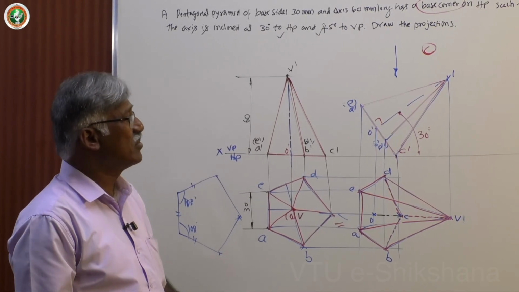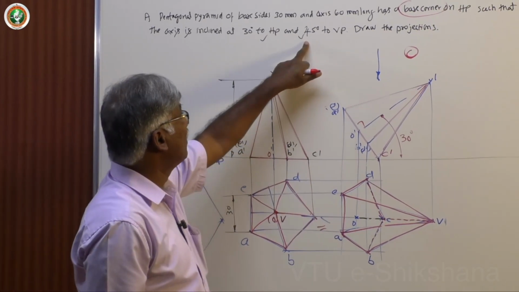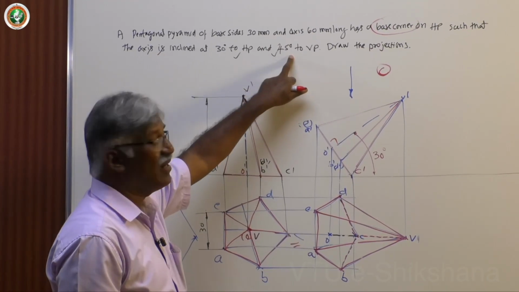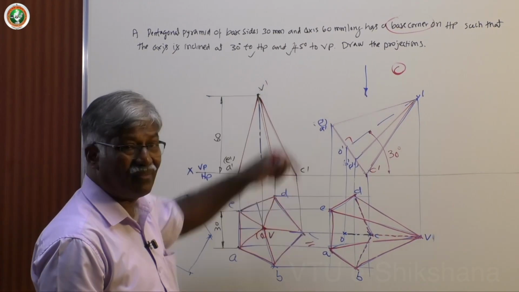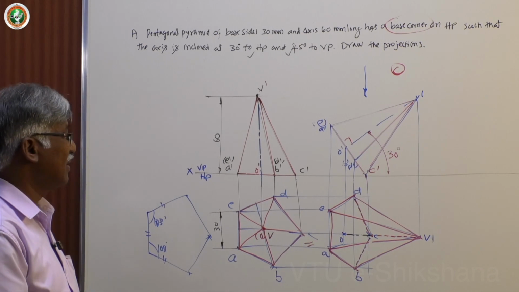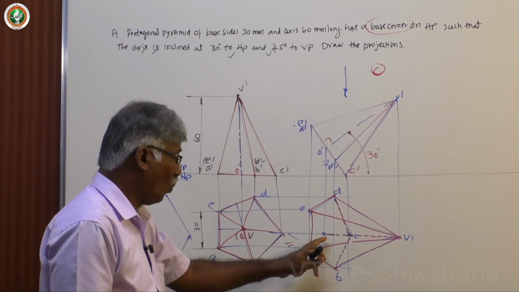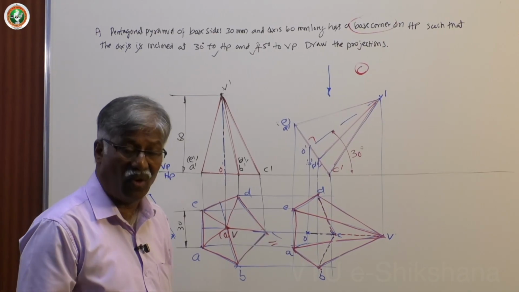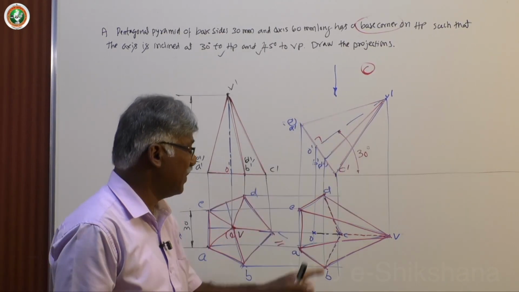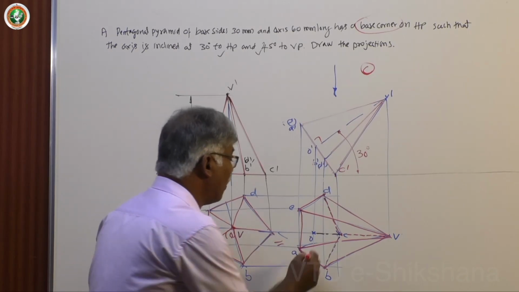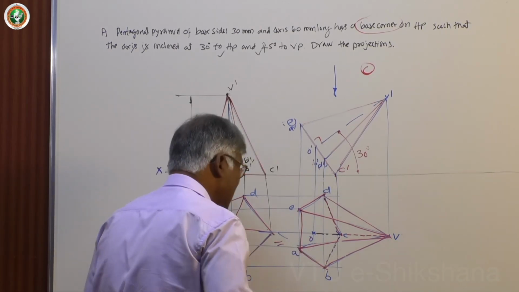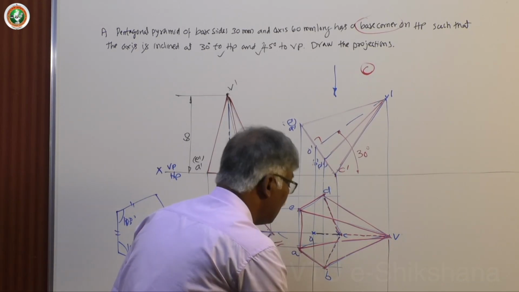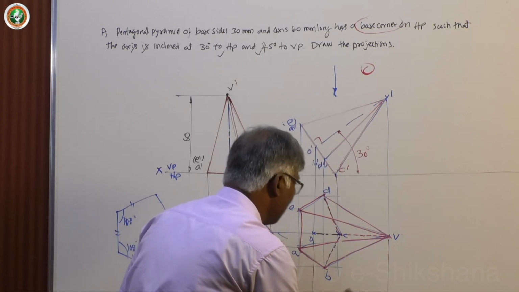Next comes the axis, again inclined at 45 degree to VP. So, what best you do is you realize that OV of the second figure top view is not its true length. Because it is already inclined to HP, it has already become an apparent length. So, you are supposed to keep this as apparent length, you will get some value.